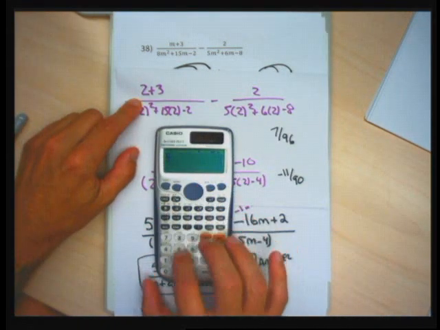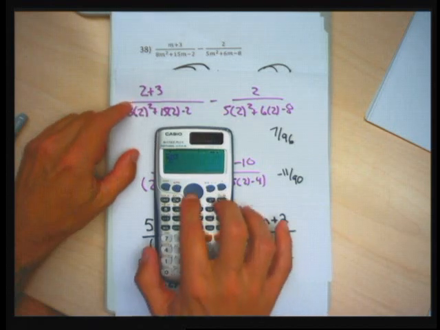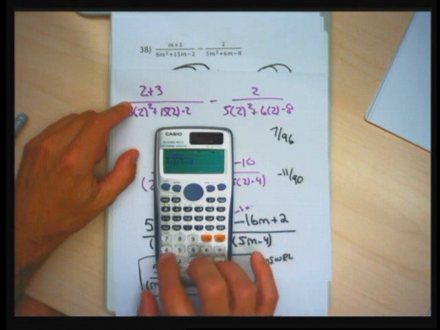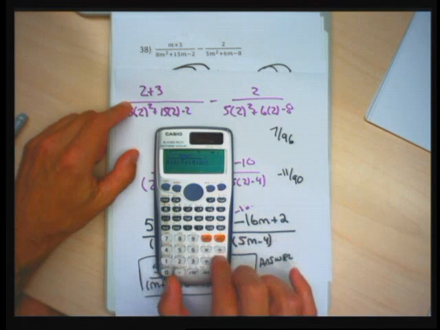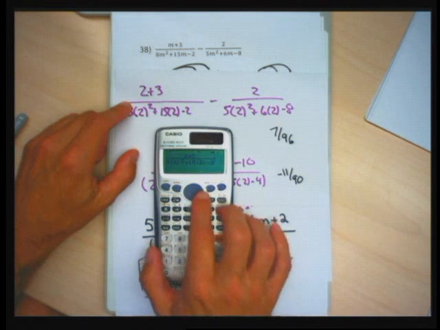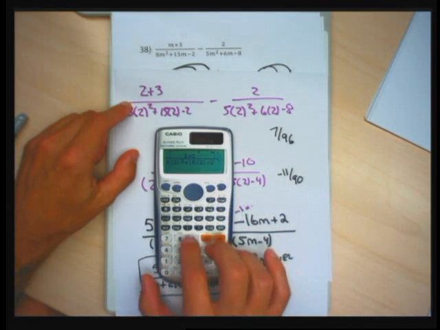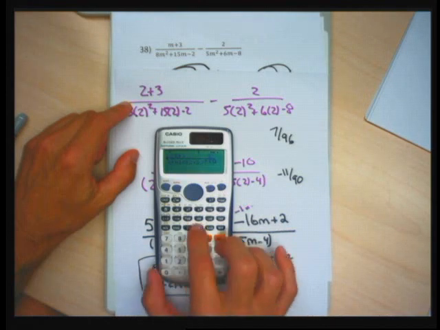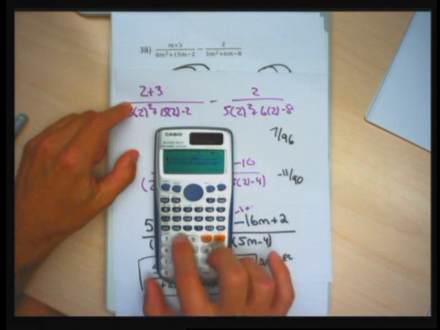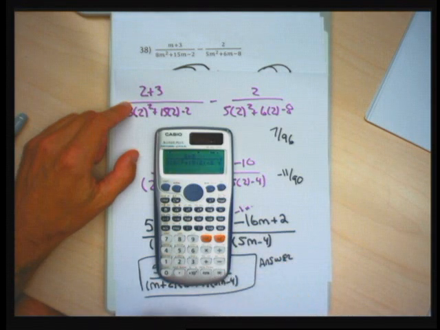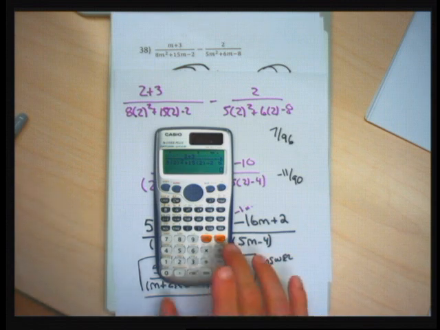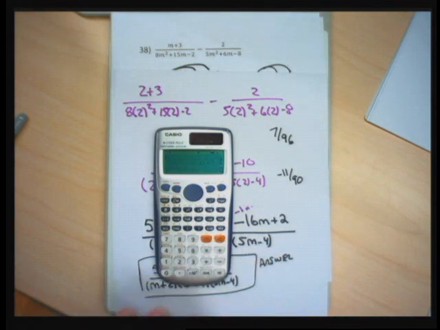So I'm going to go 2 plus 3 over 8 times 2 squared plus 15 times 2 minus 2 minus fraction 2 over 5 times 2 squared plus 6 times 2 minus 8. Oh, no. Obviously, I'm fatiguing. Try that again.